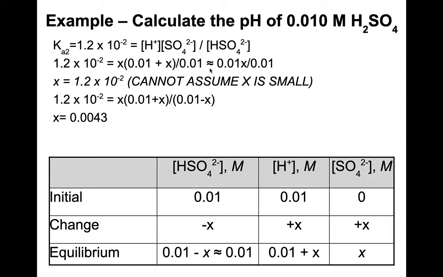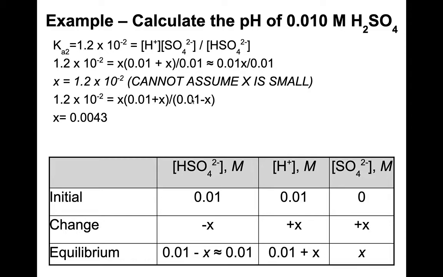If we do that, we just end with 0.01x divided by 0.01, which would get us x equal to K. So it's pretty clear that this assumption was no good. We cannot assume that x is small, because if it is, then these numbers cancel out to 1 and our x is equaling our dissociation constant, and that is not practical. So back to work we go.